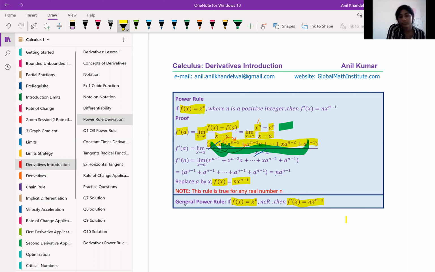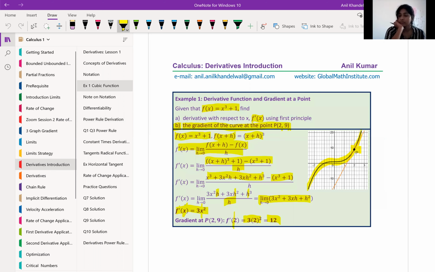So we are going to use this particular rule from now onwards to find the derivative at any particular point, or the derivative of the function, rather than the first principle. However, remember, in your test paper, there could be questions which will specifically say find the derivative using the first principle. In that case, you have to apply the difference quotient formula and do just as we did for the cubic function right in the beginning.